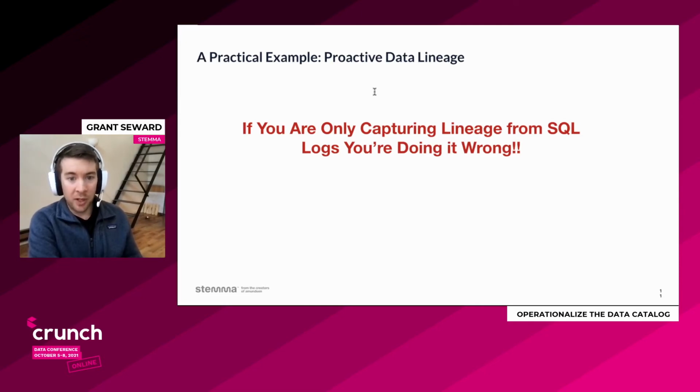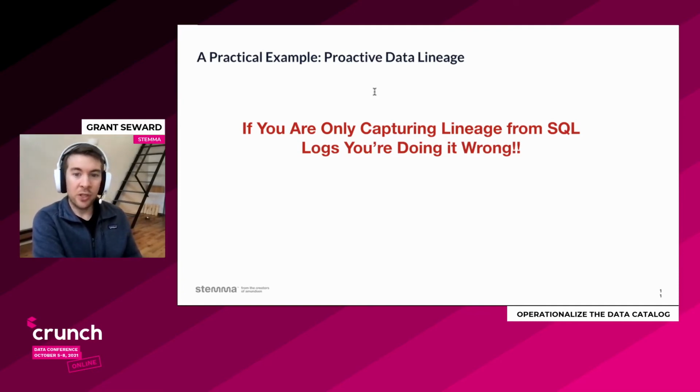SQL logs are great for bootstrapping lineage and augmenting your lineage data capture, but as seen in the prior example with the engineer who broke the downstream dashboard, it is reactive and unable to prevent breaking changes. When you only rely on SQL logs for your lineage, you are, in effect, working in append only mode, where SQL parsers can easily detect a new insert into, select from statement that has been executed.